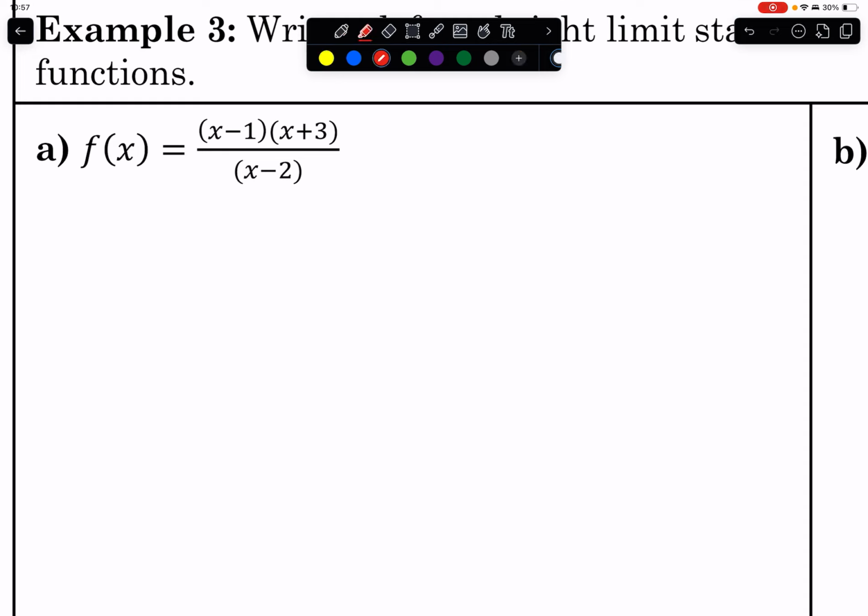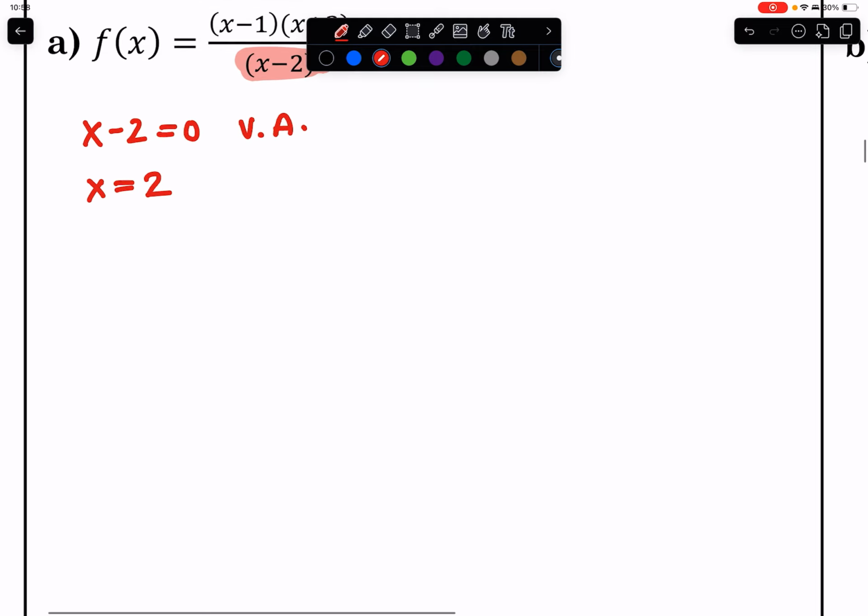We see that x minus 2 does not match up with anything on top. Because of that, this discontinuity where x minus 2 is equal to 0 means that we're going to have a vertical asymptote at that location. Solving the equation for x by adding 2 to both sides tells us that x equals positive 2. So this is where our vertical asymptote is going to be.